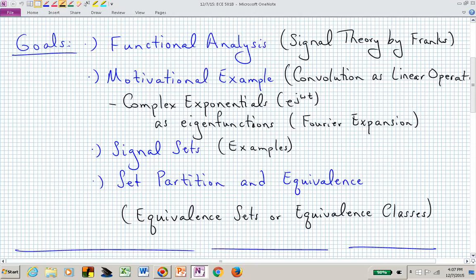We'll define Hilbert spaces, etc. And those are related to what we've already learned in the sense of normed linear vector spaces in finite dimensions and inner product spaces. So that's sort of how Banach spaces and Hilbert spaces overlap or correlate with the finite dimensional material that we've already discussed.